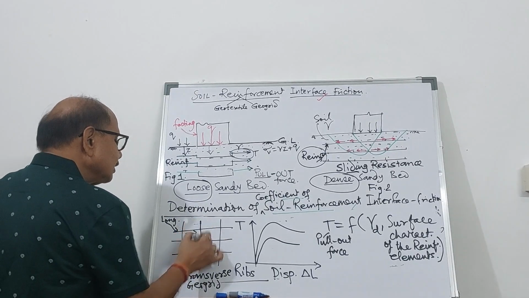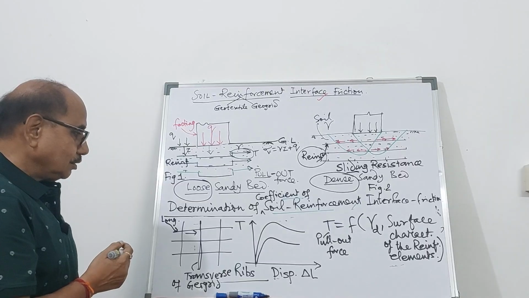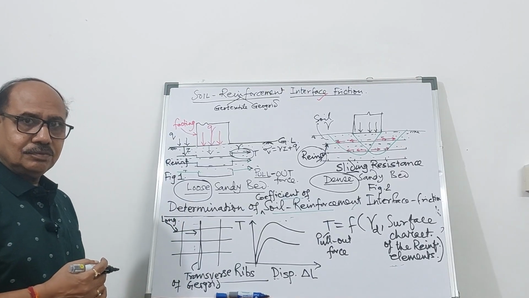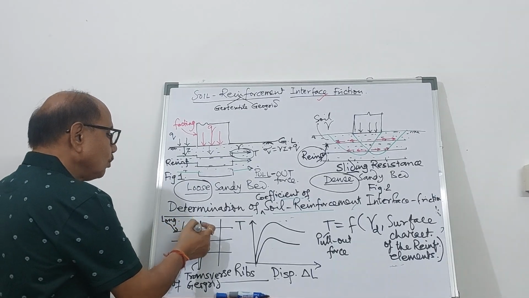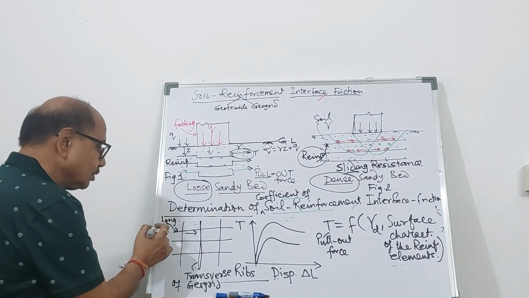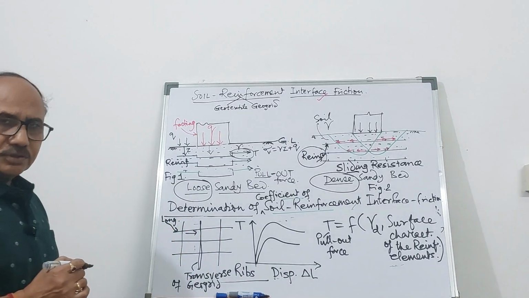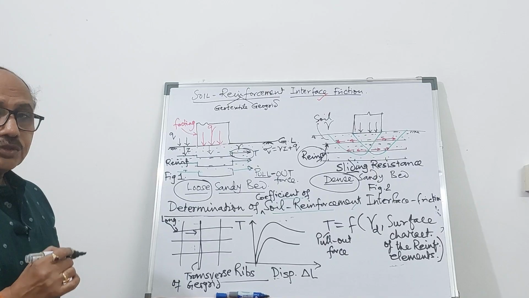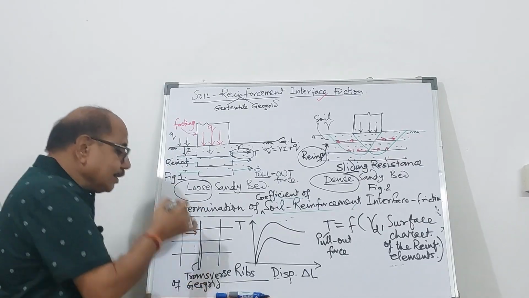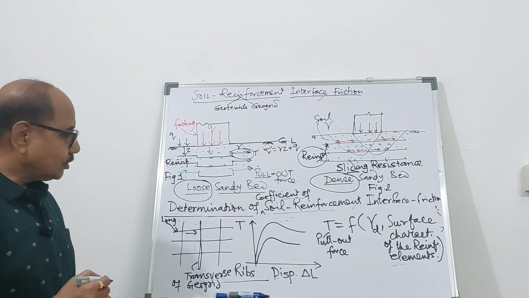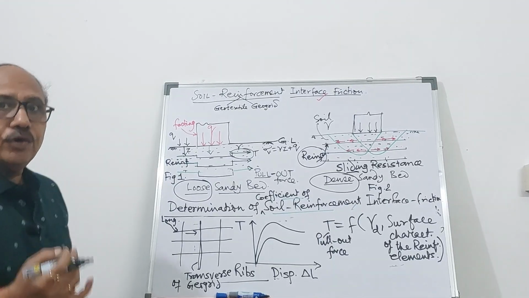What will happen? These transverse ribs are going to play an important role. It will increase the pull-out force, because the friction which is getting developed between the soil and these longitudinal elements also contributes to the pull-out force. But more important are the transverse ribs that will enhance the pull-out force manifold.